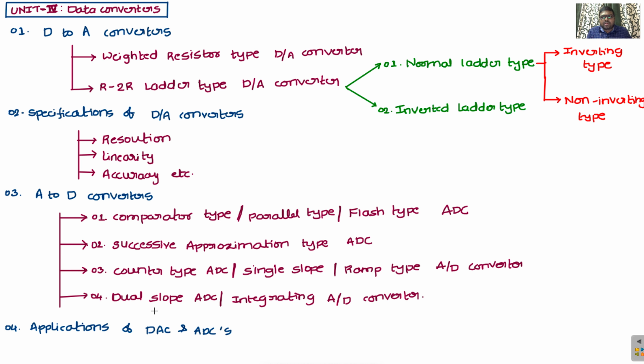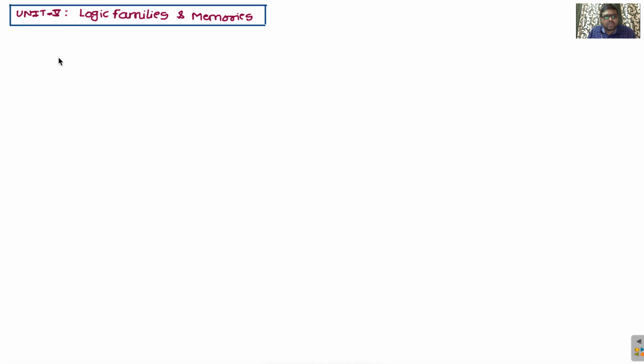Okay, this is your fourth unit. Fourth unit completely deals with the data converters, right? And next, this is the fifth unit. The fifth unit is logic families and memories.